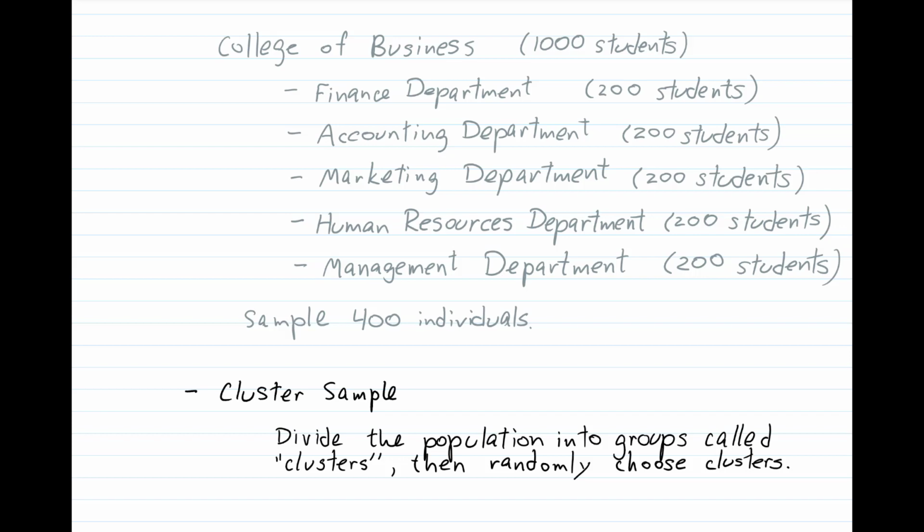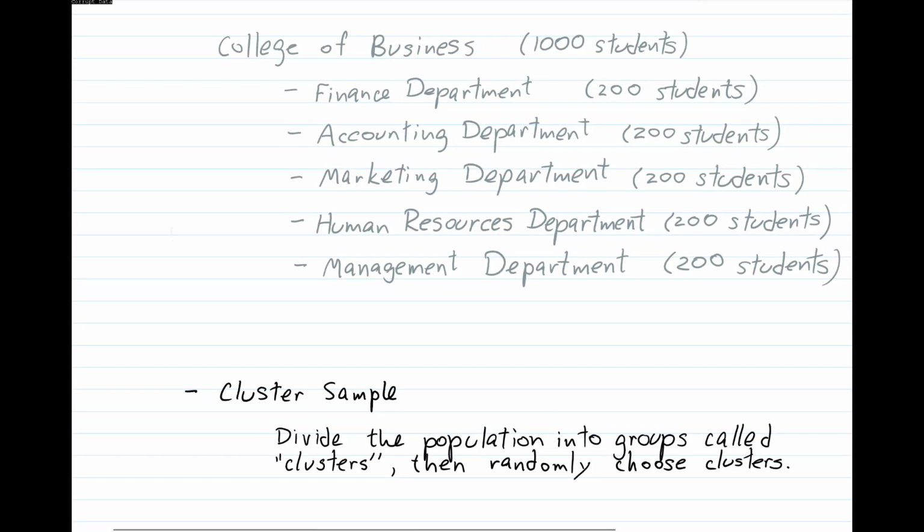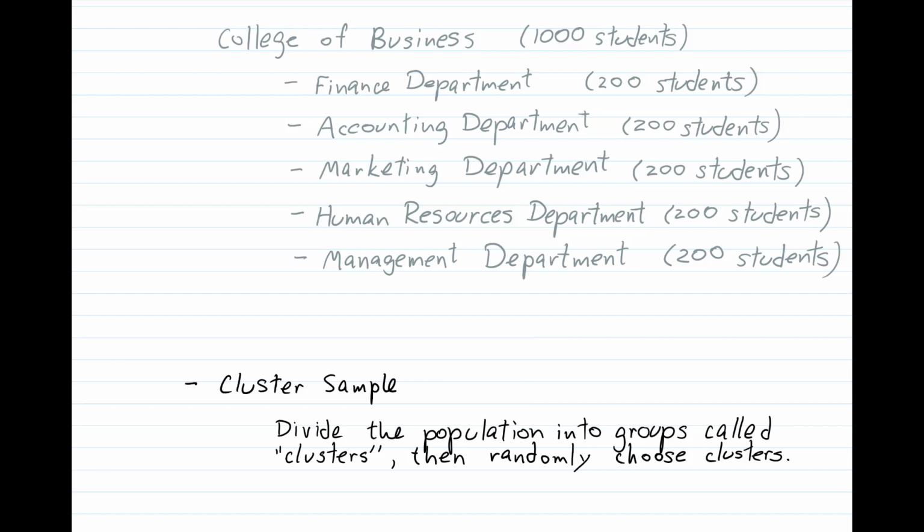All right, and then the last one we're going to do is called systematic sampling. Okay, systematic sampling is pretty simple. What you do is you pick a starting point, and then you choose every nth piece of data. Okay, what do I mean by that? Let's suppose we go back to our college example, College of Business here. The way we left it off, there were 5 departments and each one had 200 students.